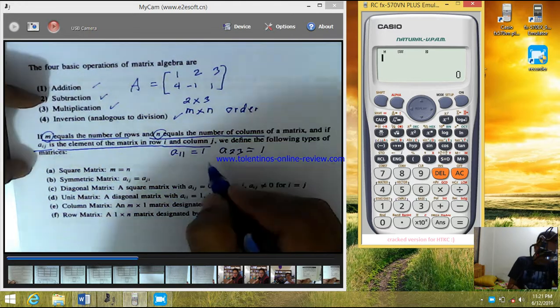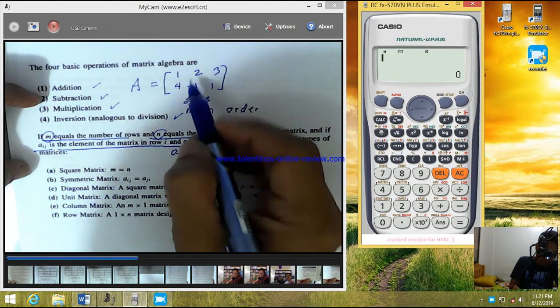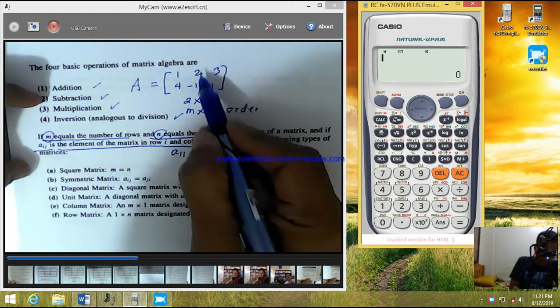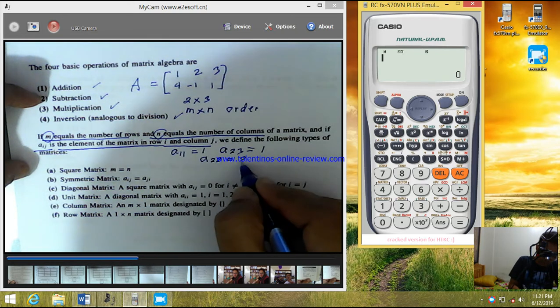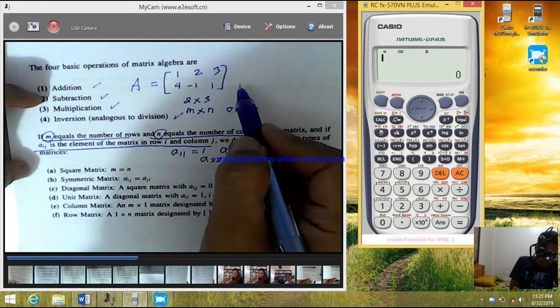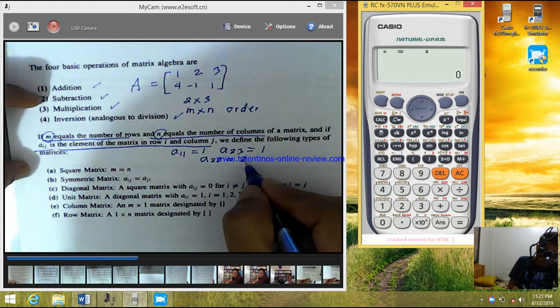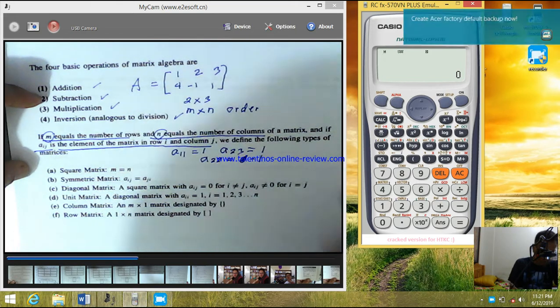Our A22, row 2, column 2, I'm sorry, that is negative 1.